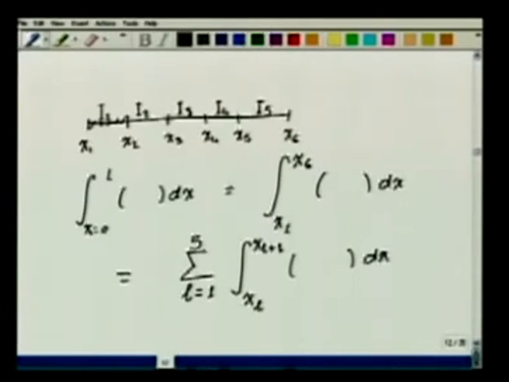So this kind of a partitioning of the integral, we are going to apply to our expression that we have derived. So what do we get?